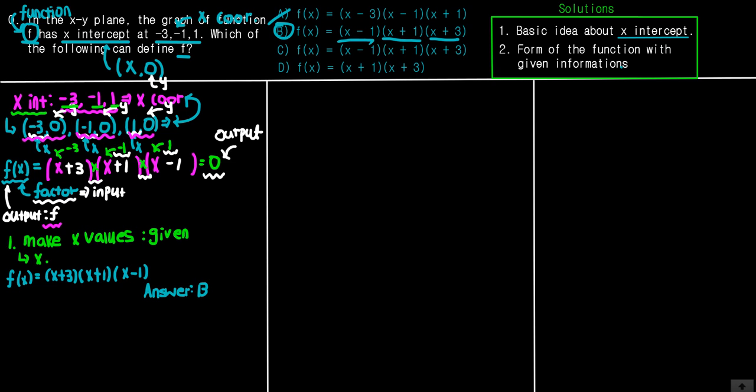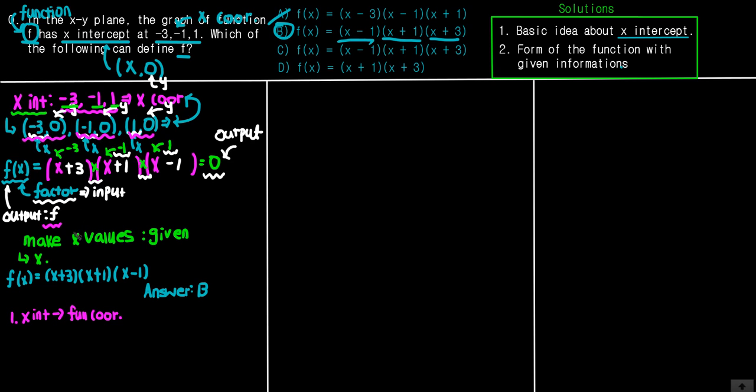Now, if you review the steps that we did, the first thing we need to do is write the x-intercepts, and then we convert them into full coordinates, which contain the x and y values, which became (-3, 0), (-1, 0), and (1, 0).